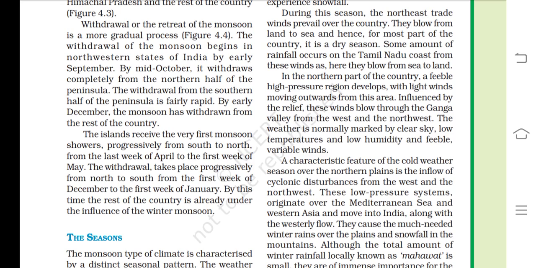But when there is withdrawal of monsoon, then it is north to south, from the first week of December to the first week of January. By this time, the rest of the country is already under the influence of the winter monsoon. Okay, so what happens till December? The rest of the country has withdrawn from the monsoon. So here the islands come in this position. Okay, onset of monsoon is south to north, and withdrawal of monsoon is north to south.